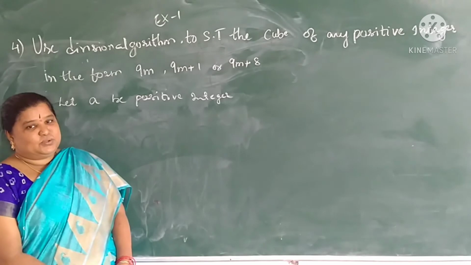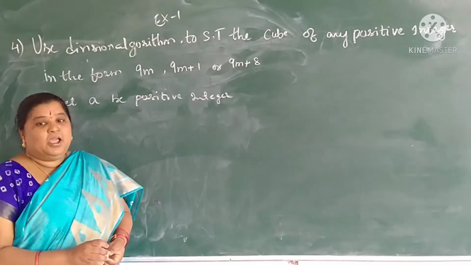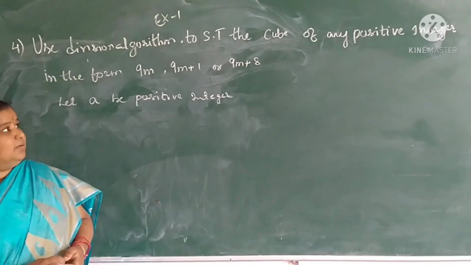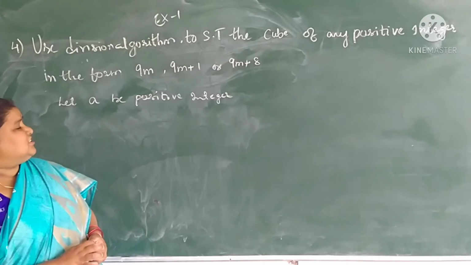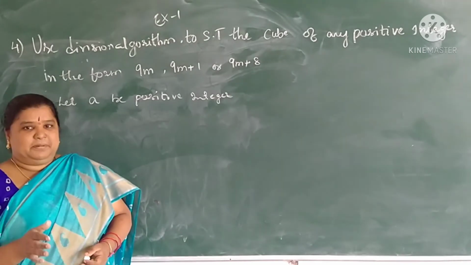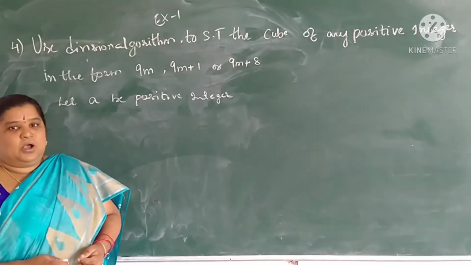Let us discuss today exercise 1, fourth problem. What does it ask, children? By using the division algorithm, show that the cube of any positive integer is of the form 9m, 9m plus 1 or 9m plus 8. Let us discuss how.